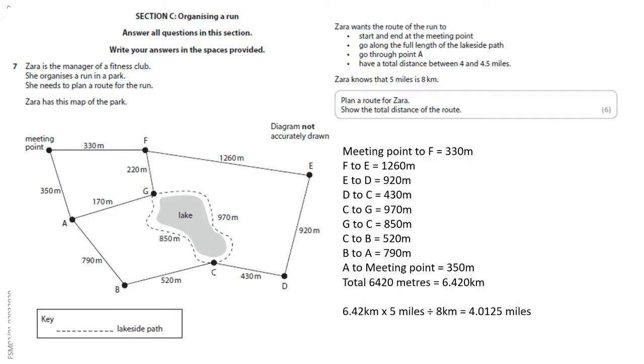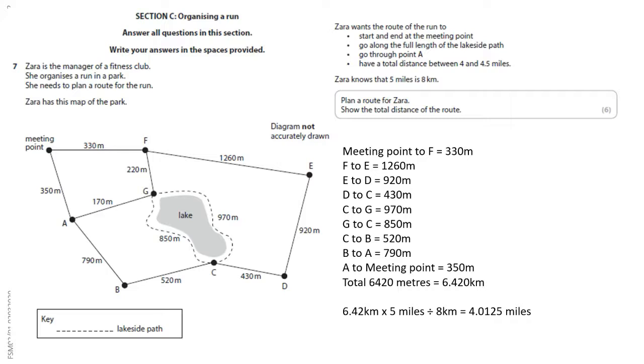You are given your starting point. You're given instructions what they want you to do. You need to go through a certain point and have a distance of 4 to 4.5 miles, and then break that down. So we can see here the route that I've gone through, meeting points. The distance is involved, and I've plotted my route around this particular circuit.